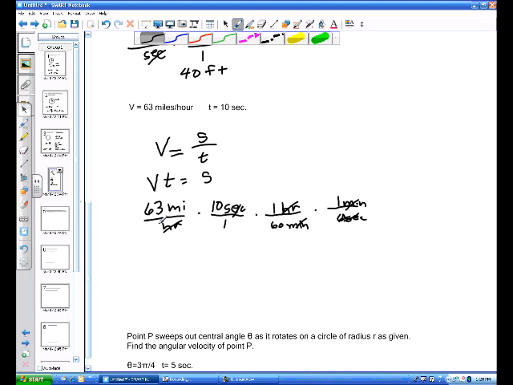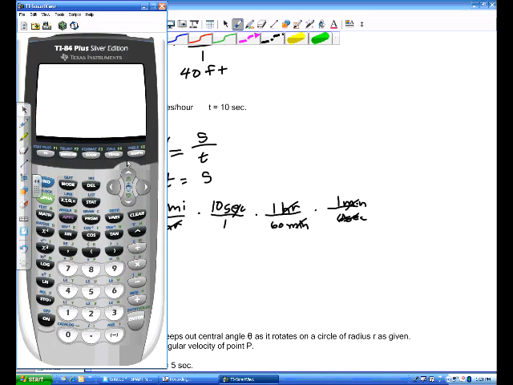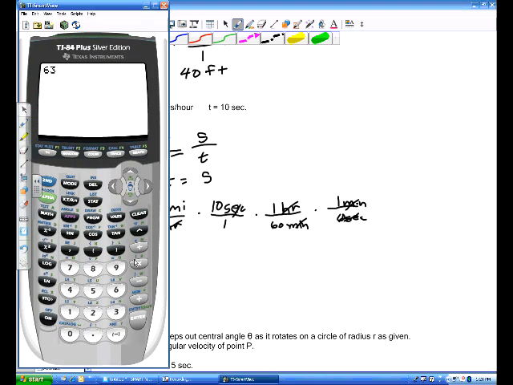So we're going to have 63 times 10 divided by 60 times 60, which is 3,600. If we pull up our calculator so that we can do this, we have 63 times 10 divided by, now if you're going to do the multiplication in the denominator, remember you'll have to put parentheses, but 60 times 60 is 3,600.